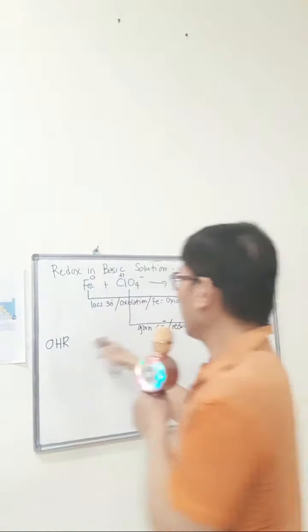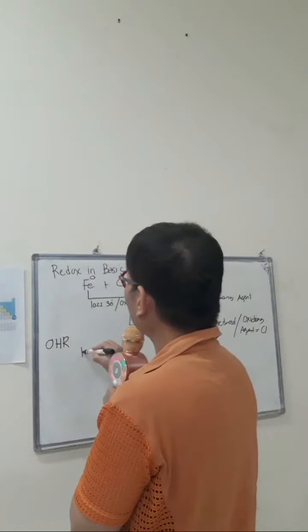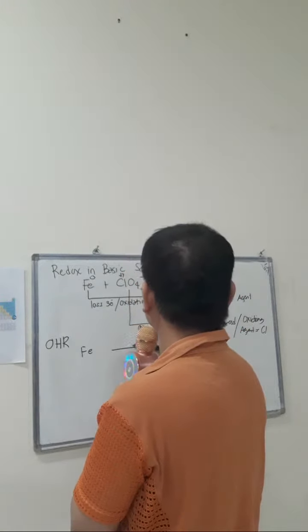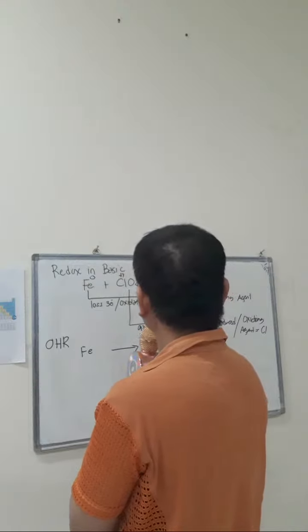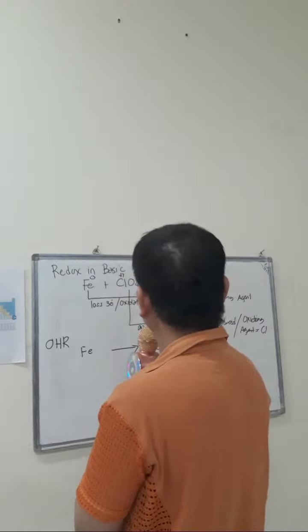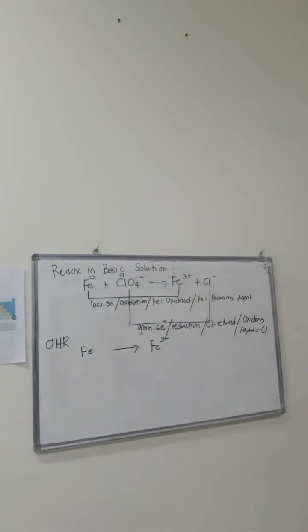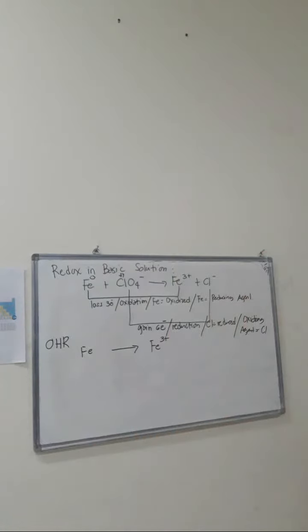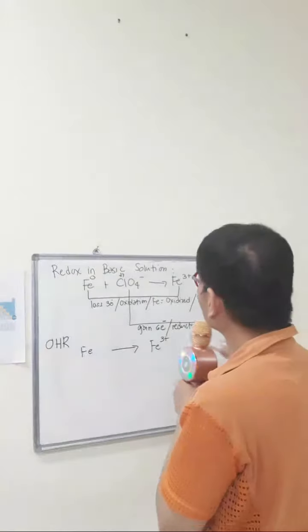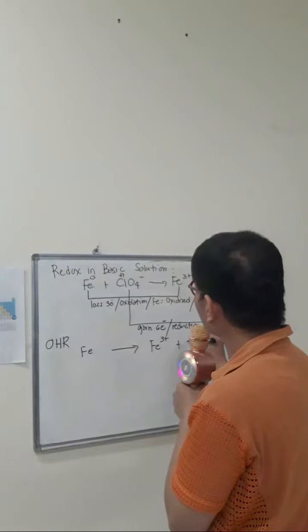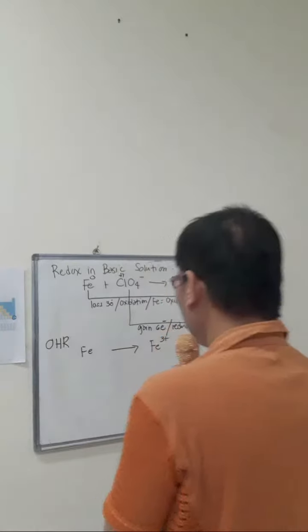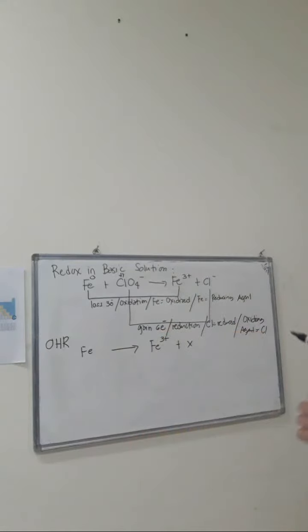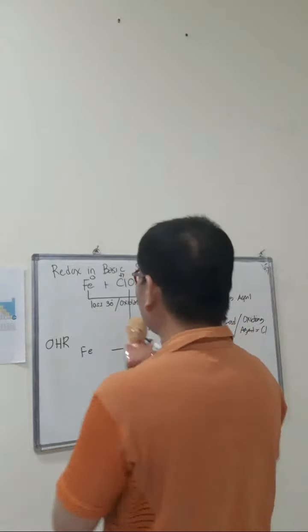The oxidation half reaction will be from iron to ferric, because it is 3 positive. Fe3 positive is ferric, Fe2 positive is ferrous, or iron 3. This is a loss of electrons, so the electrons are added on the right, plus x.